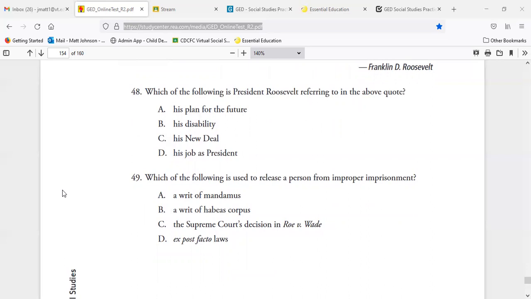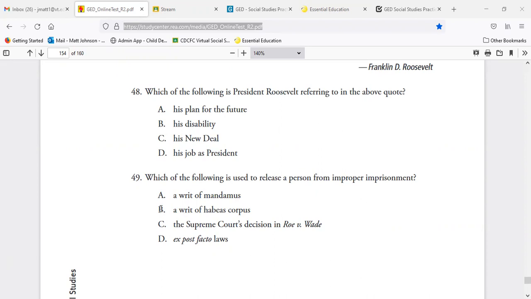So which of the following is used to release a person from improper imprisonment? And that is the writ of habeas corpus, right?